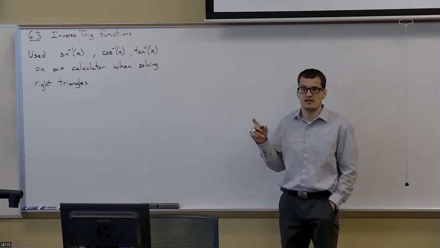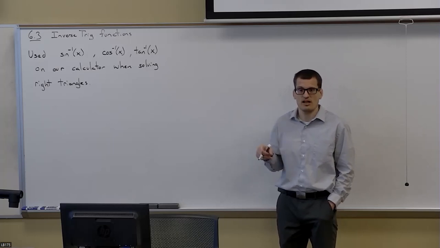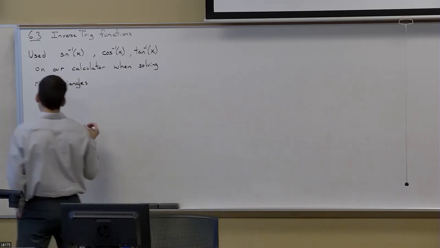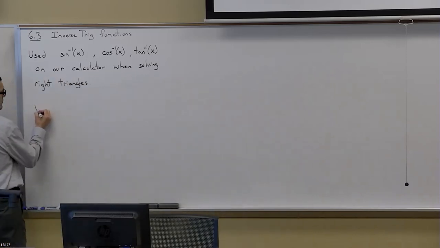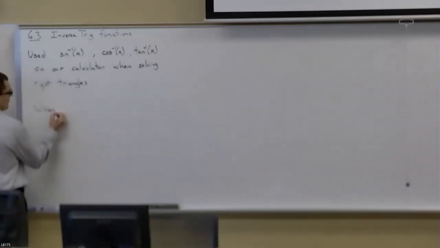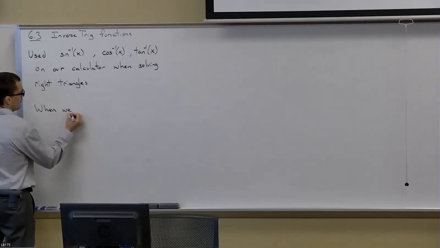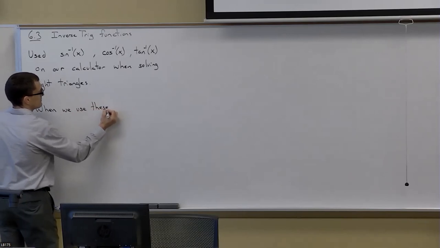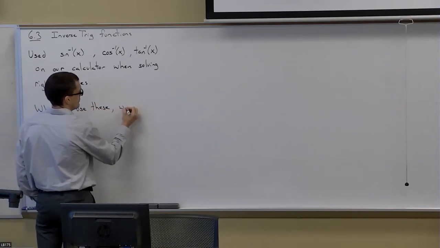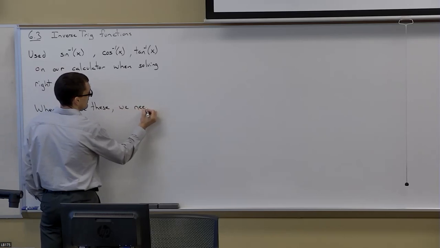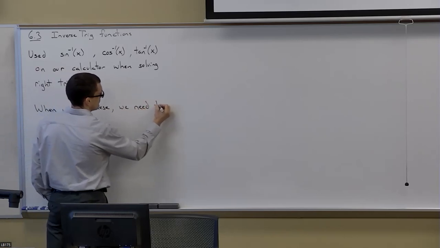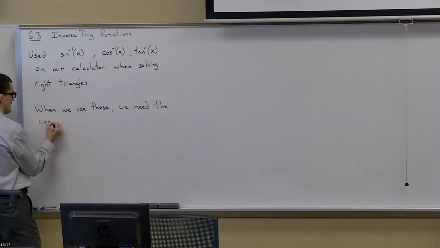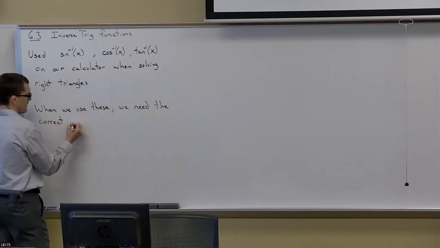They're not going to pass the vertical line test. Does that make sense? So when we use these, we need the correct domain and range.